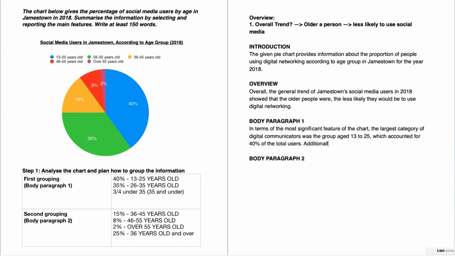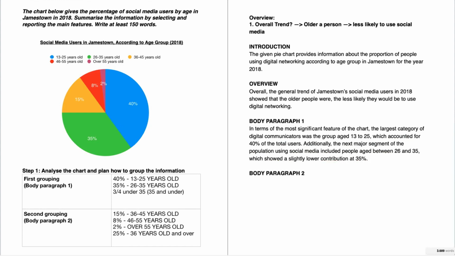Additionally, the next major segment of the population using social media included people aged between 26 and 35, which showed a slightly lower contribution at 35%.